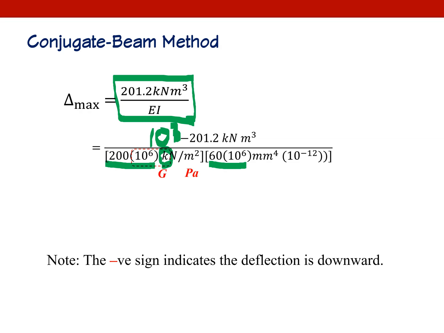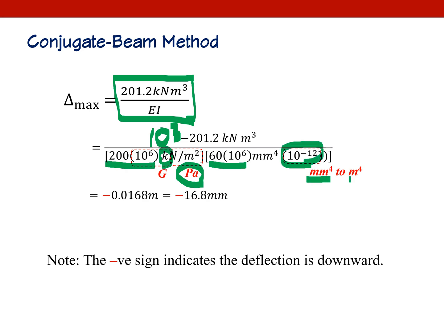gigapascal. Newton over meter square is nothing but Pascal. And this number is to convert millimeter to the fourth to meter to the fourth. Millimeter is 1/1000th of a meter, so 1000 raised to the fourth will be 10 to the 12th.